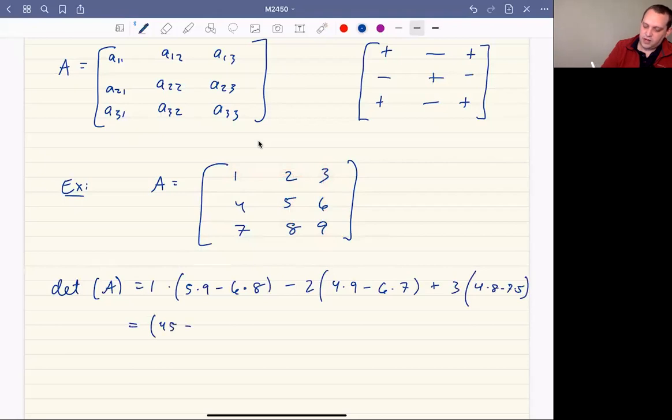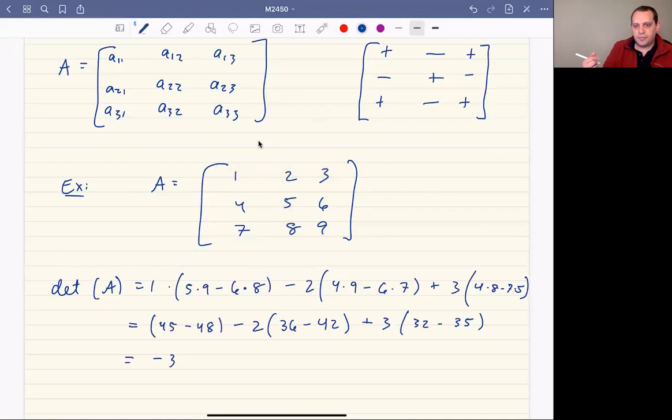And that's going to work out to be 45 minus 48, so it's minus 3. Minus 2 times, let's see, 36 minus 42. So altogether, this is going to be negative 3. 36 minus 42 is negative 6, times negative 2 is going to be plus 12.